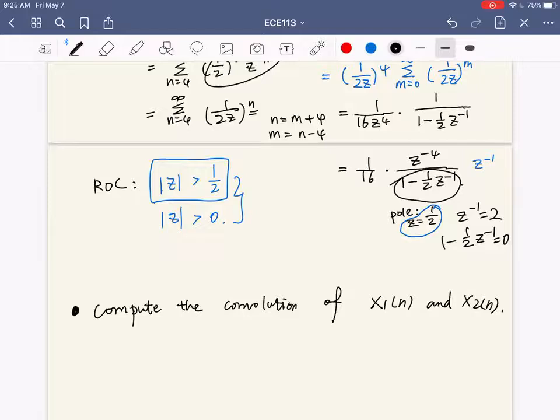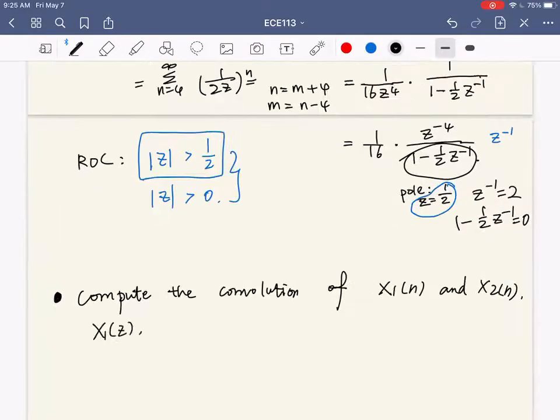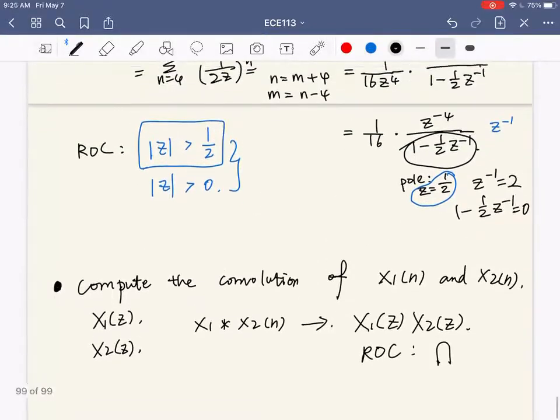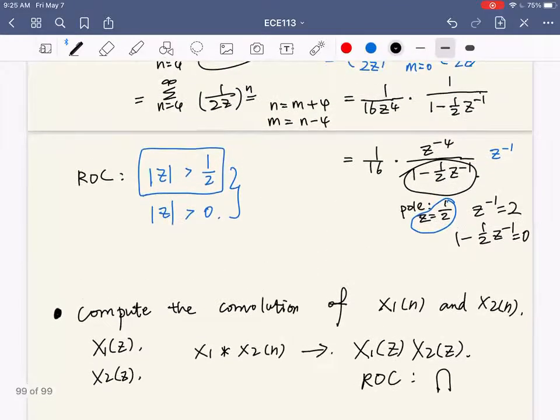You're right. And as we discussed, we already know X1(z) and X2(z). One thing to be careful about is their ROC. The ROC here should be the intersection of the two ranges.